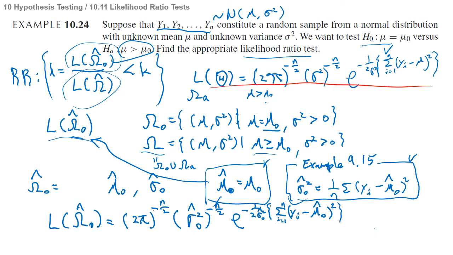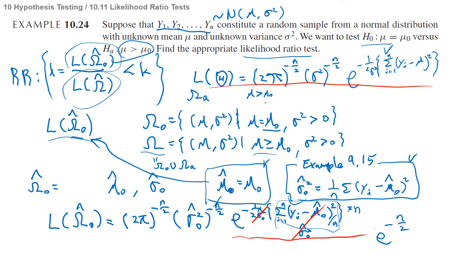Okay, and if we divide by n here and multiply by n here, then this is actually sigma 0 square hat. So these two cancel, and this part becomes e to the minus n over 2.